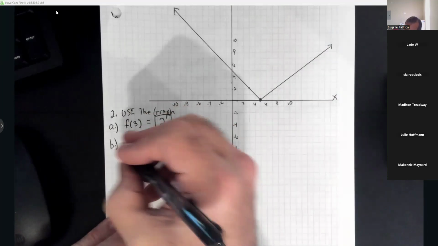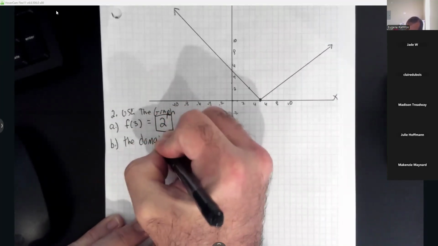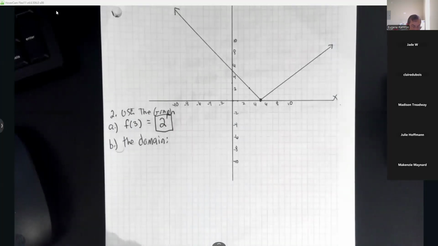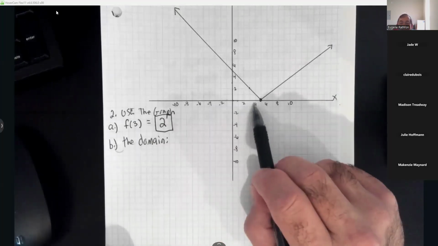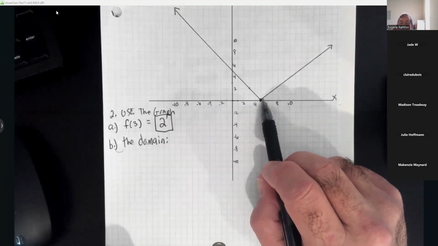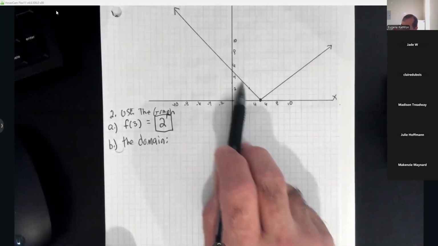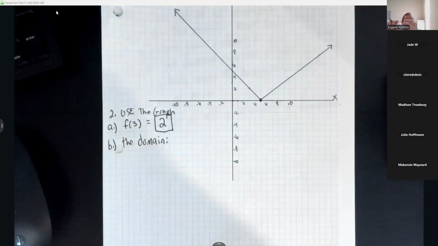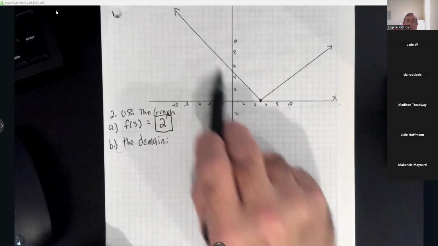Hey now, so here's a new one for the domain. Also for this one, notice this graph goes forever to the right. It's going forever to the left. So it's covering all these x values in either direction.